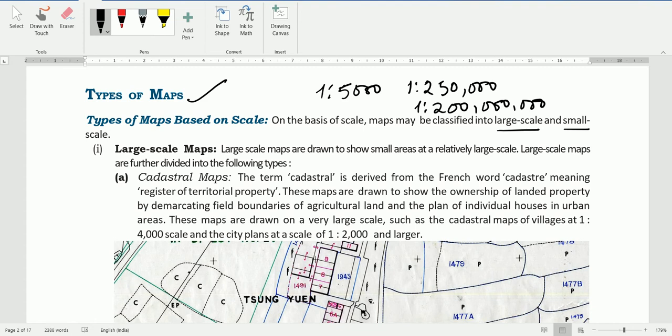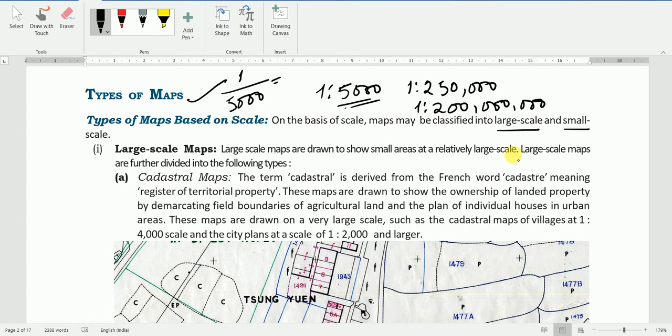See, why is it called a large scale map? If you divide 1 by 5,000, what is the value here? Just divide it and compare.